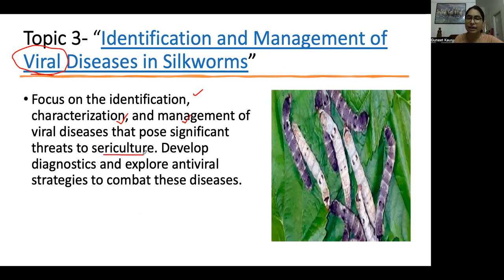Means any viruses that affect any part of the life cycle of the silkworm, that we can study, we can use its identification, characterization and management, and how the viral diseases can be curbed, as in they can be stopped. Okay, so that is also one of the very trending topics.